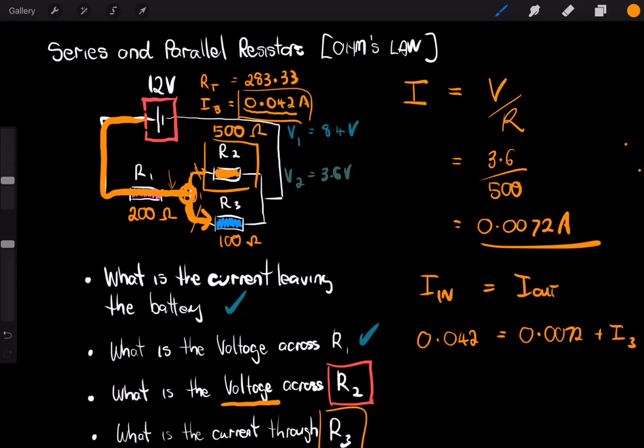Therefore I3 will equal 0.042 take away 0.0072, and if we work that out, we have an answer of 0.0348.